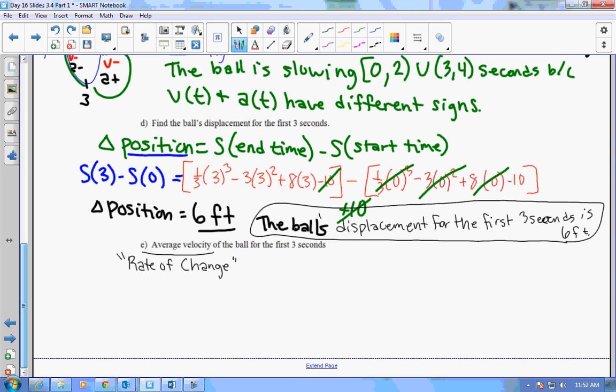I'm just doing the slope formula. For the first 3 seconds, so s of 3 minus s of 0, which you already found was 6, right? Divided by 3 minus 0, which is 3. So our rate of change is what? Our average velocity is?